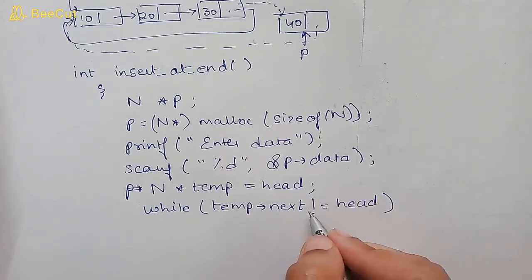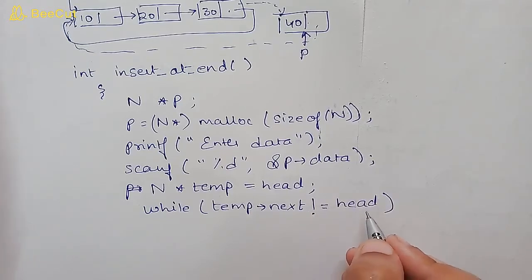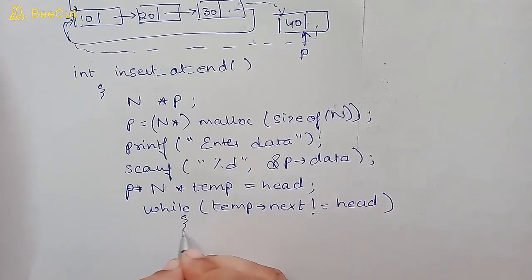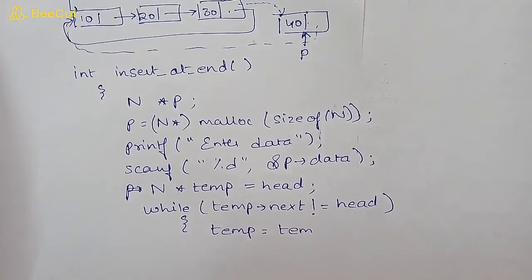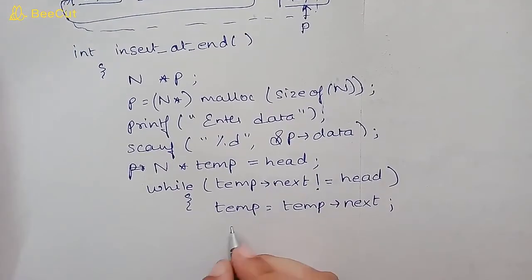In the next field the address of head should be there. Until that I'll keep running this loop, and what I'm doing is temp equals temp next.